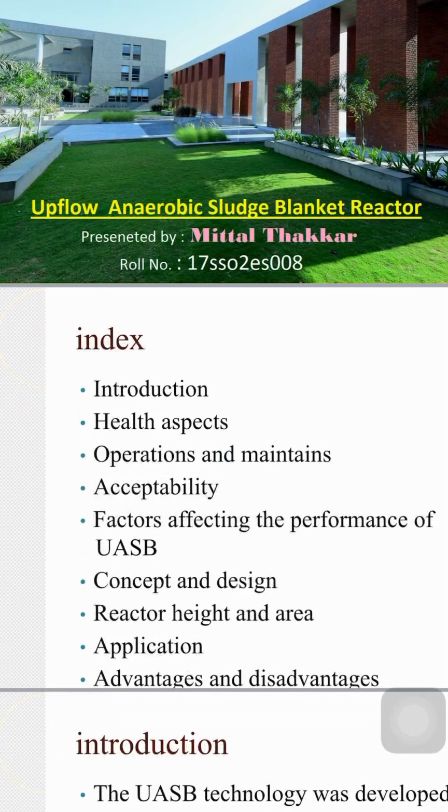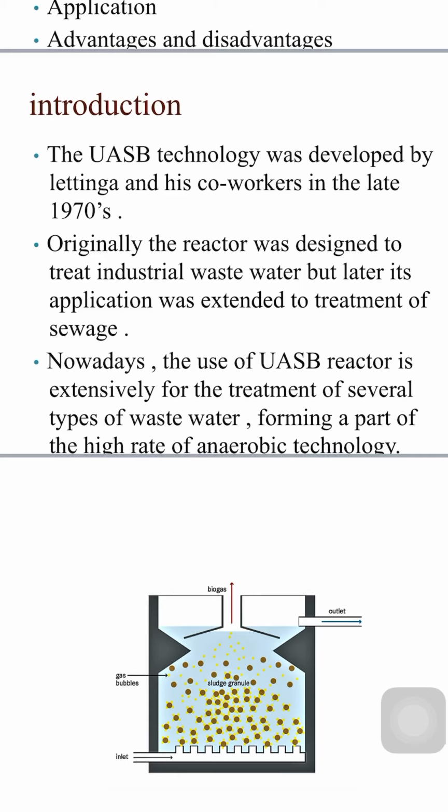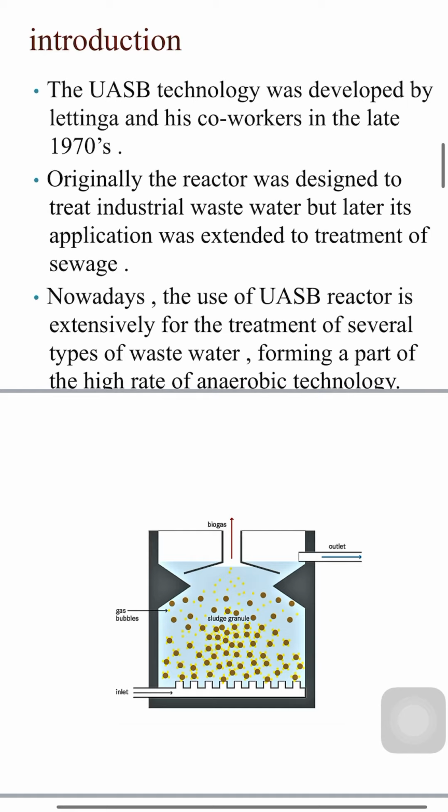So we will start with the introduction. The UASB technology was developed by Lettinga and his co-workers in the late 1970s. Originally, the reactor was designed to treat industrial wastewater, but later its application was extended to the treatment of sewage.